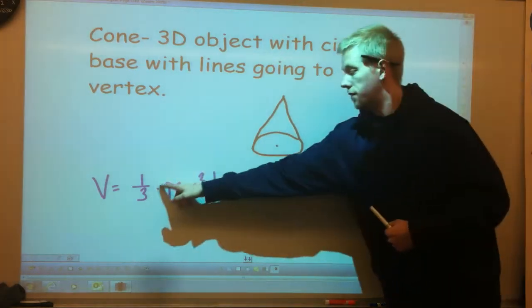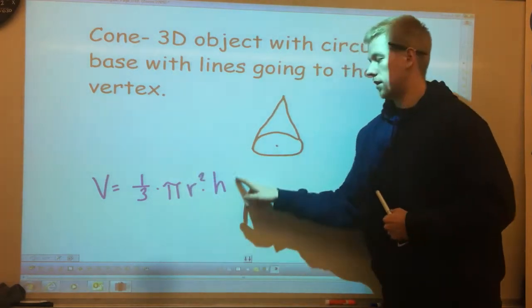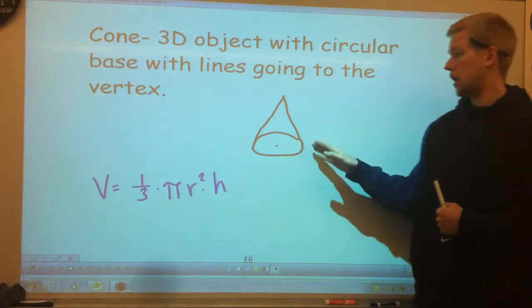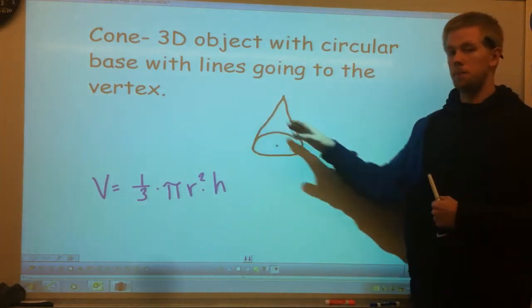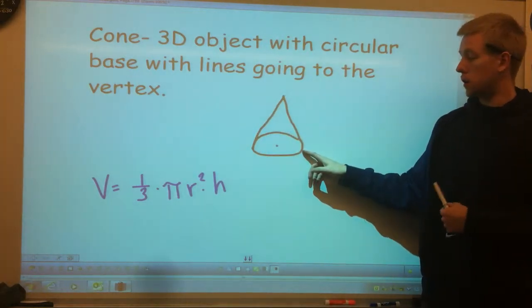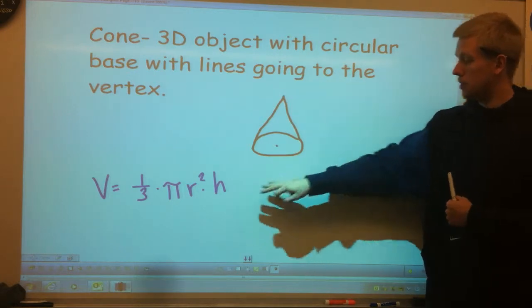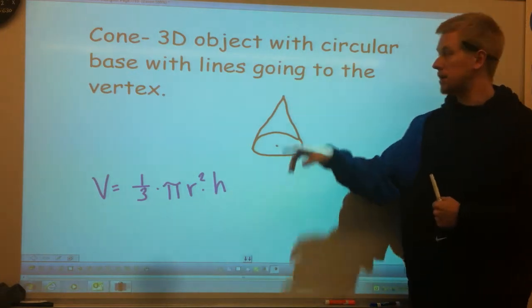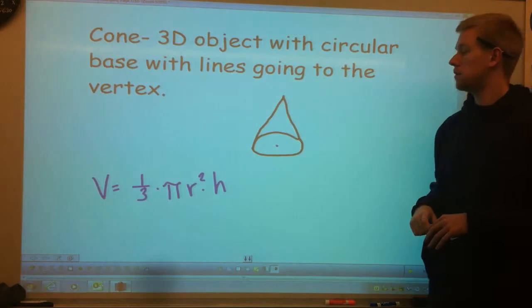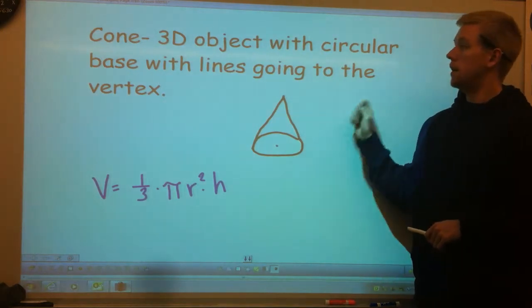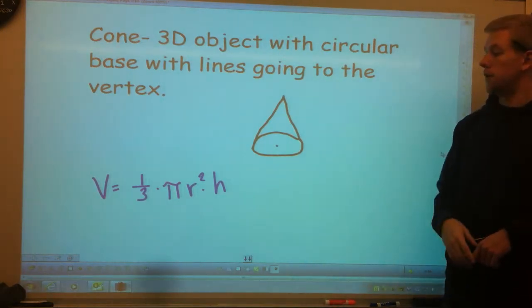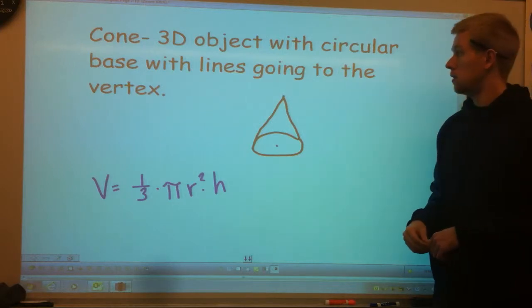Again, this is very similar to the cylinder formula, but you're just taking 1/3 of it because it's not a whole cylinder. So you have 1/3 pi r squared times height, and you have that third dimension. That height makes this a 3D object. Okay, so that is the definition, picture, and formula for a cone.